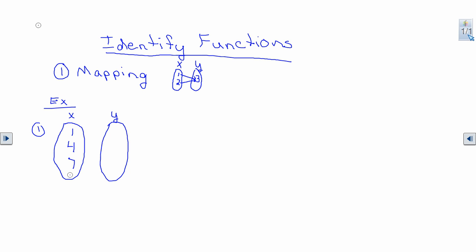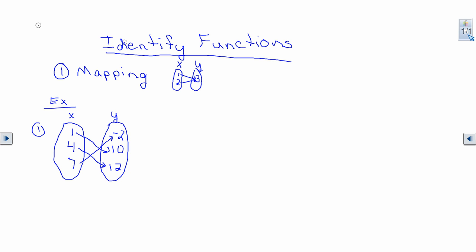And notice that there are no repeated numbers and that this is in order. So let's go -2, 10, and 12. So I'm going to say when I put a 1 into this function, I get a 10, a 4 will get me a 12, and a 7 will get me a -2.